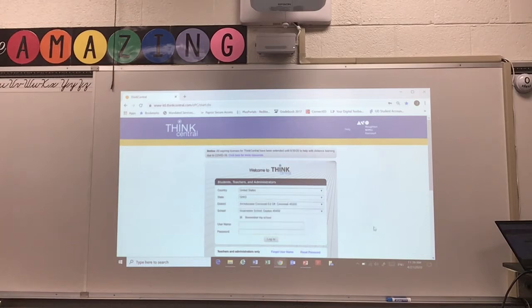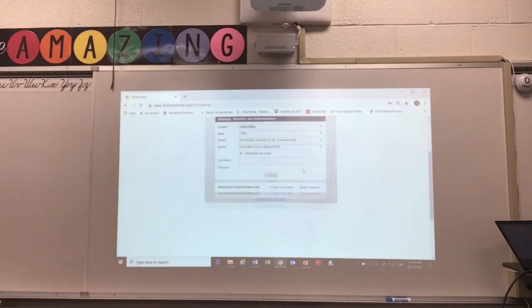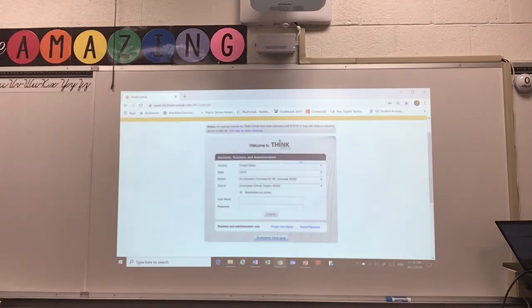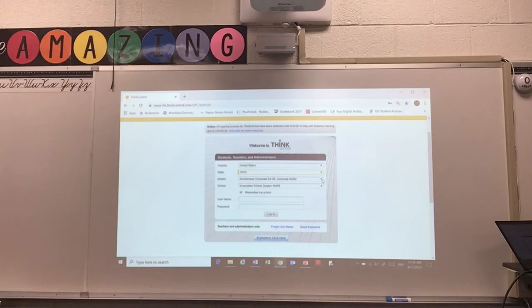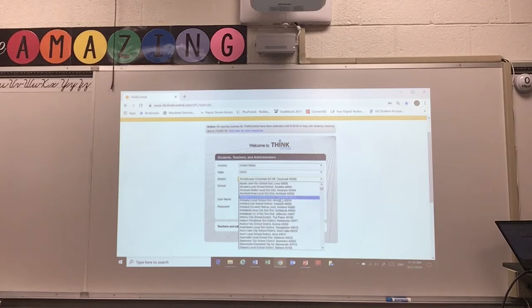The first time you log in, you will have to make these selections. You click the little arrow here, and all of the different countries come up. We live in the United States, of course. Then you're going to have to fill in the state, so you just scroll until you find Ohio. The district might be a little tricky just because we are a Catholic school, so we're going to find Archdiocese of Cincinnati.